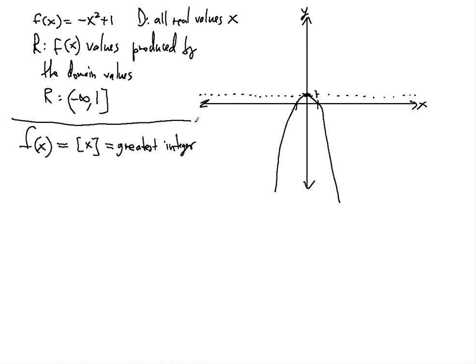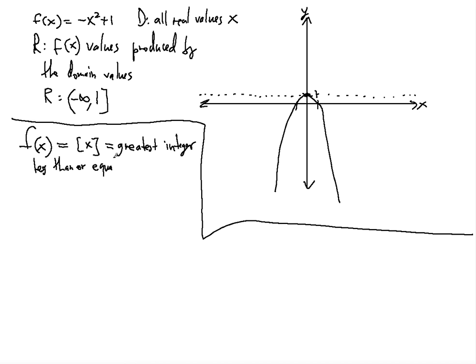So I'm going to separate this: greatest integer less than or equal to x. So you might say, what is the domain? Well, the domain, of course, can be anything. It can be any number, any real number.